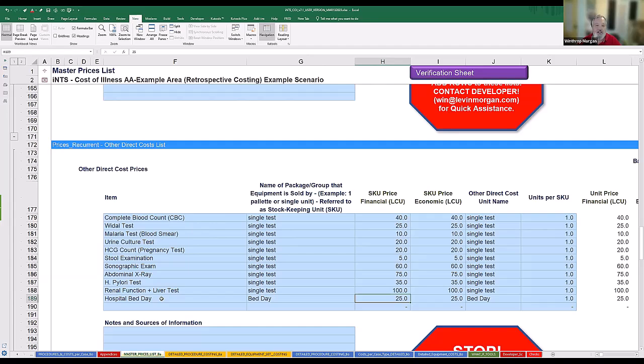And that's why the solution that we found was using the term hospital bed day, which I think is what's used by WHO in their 2013 CHOICE thing. So that's my take on it.